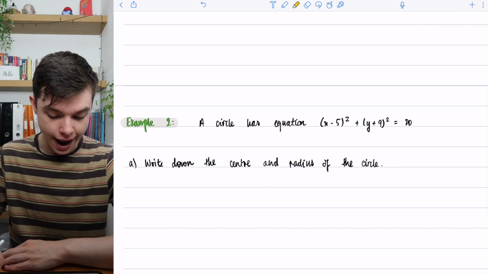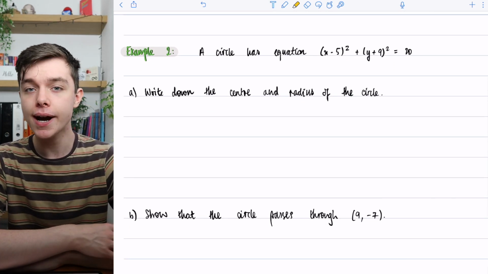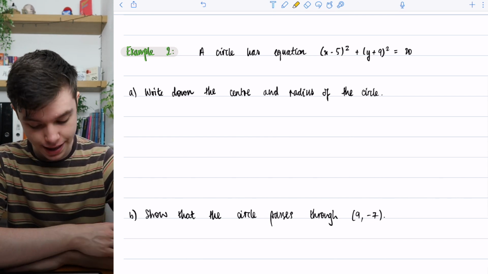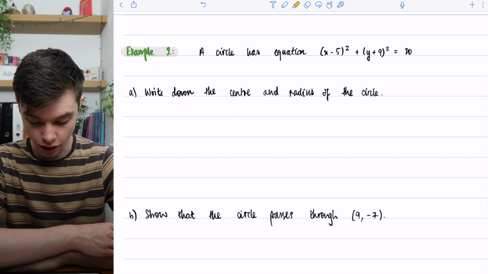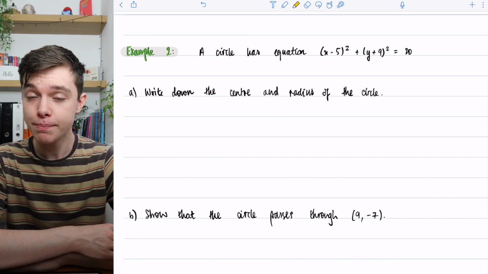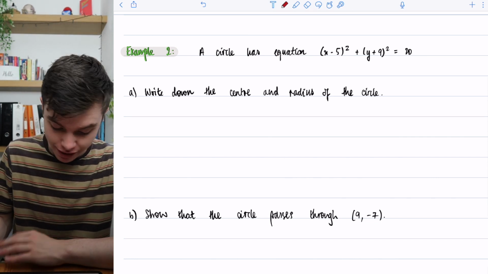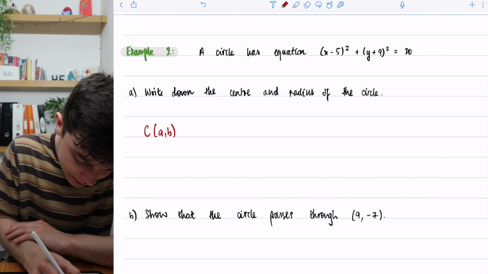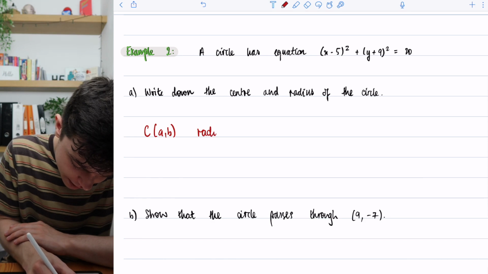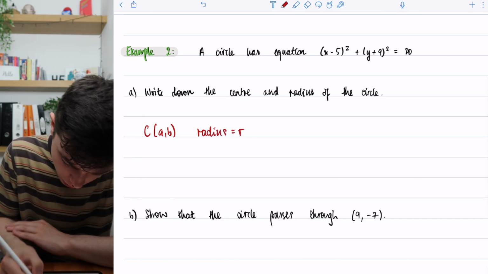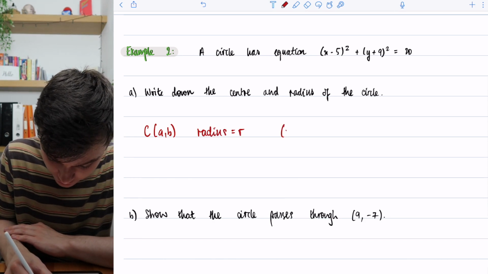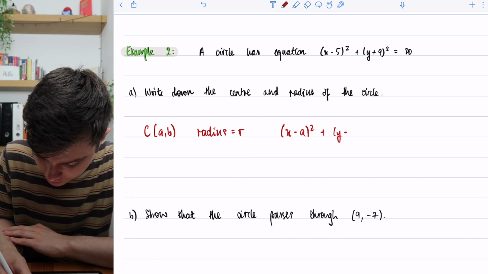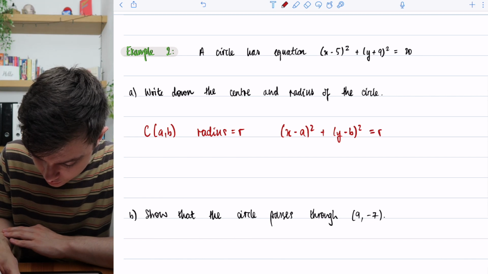Okay, let's have a look at the second example. Here we are given the equation of a circle and we're being asked to write down the centre and the radius of the circle. So, pretty simple, all we have to do is just compare it. If we've got a centre, I'll call it C, (a, b), and let's say the radius is r. We're told the equation of the circle is (x minus a) squared plus (y minus b) squared is equal to r squared.